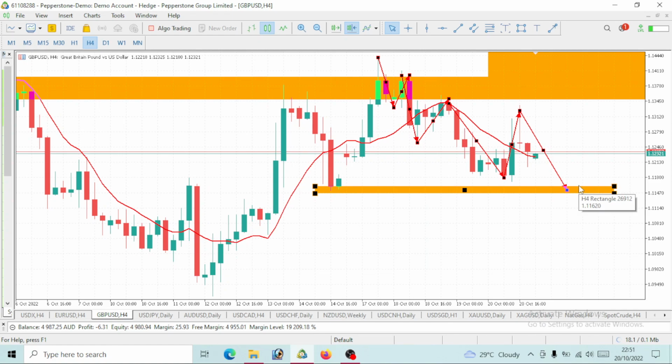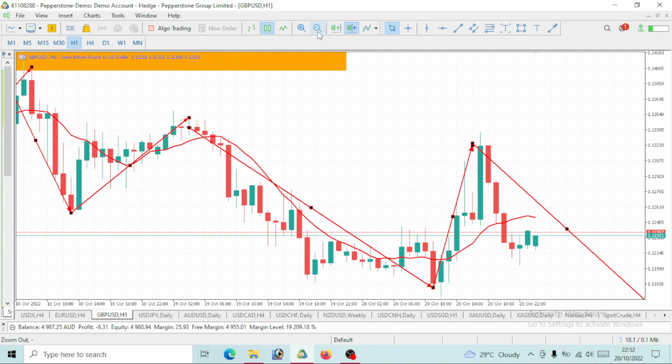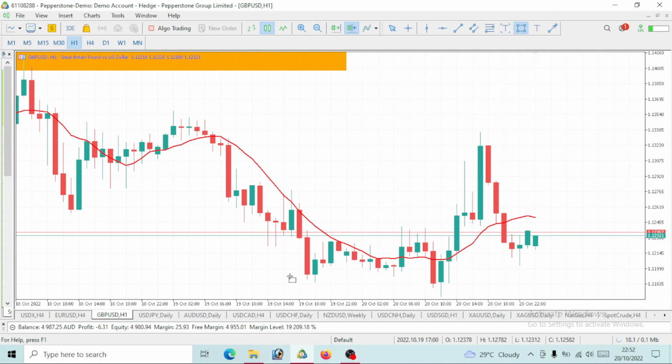So GBPUSD, if you have to take this trade on the 4-hour time frame, we should see between 60 to 80 pips drop on this GBPUSD for the next day. We would want to see the price close bearish, and that would take us to the 1-hour time frame. So clearly we can see on the 1-hour time frame we are still on a bearish move.